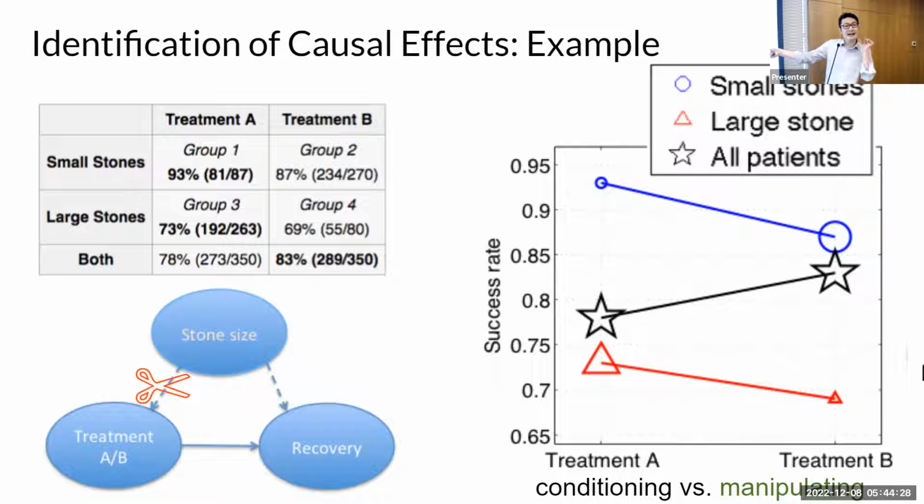If you consider the average, the sample size will play a very important role. So the final average corresponding to treatment B will be closer to this one, and the final one for treatment A will be closer to this one, because you have more people here and more people here, right? As a consequence, after you take the average, B seems to be better, right? That's the conditional distribution.